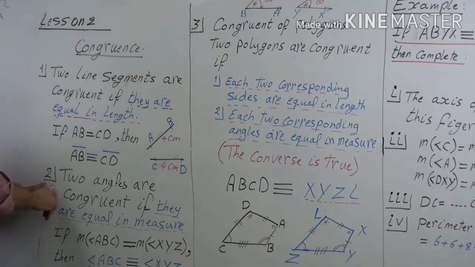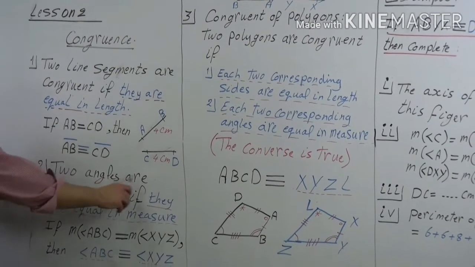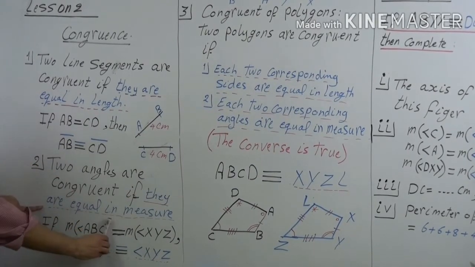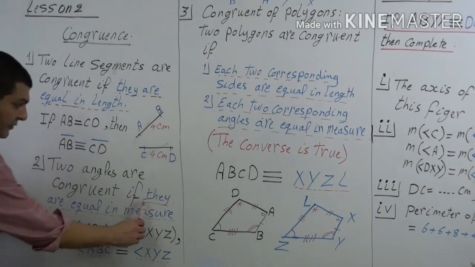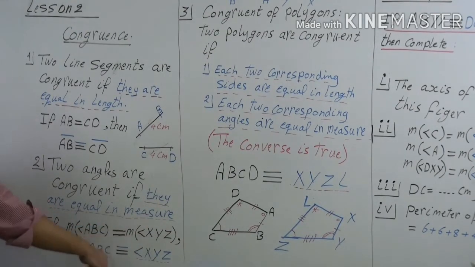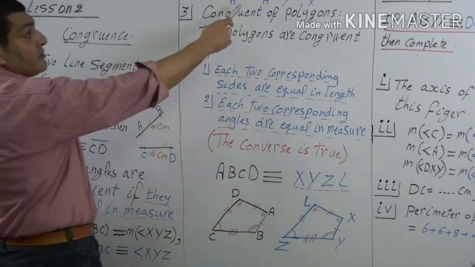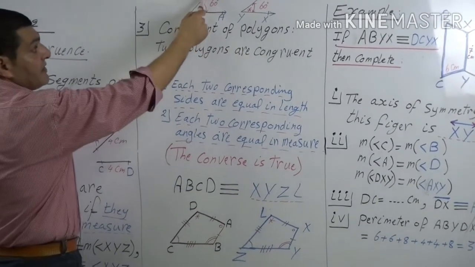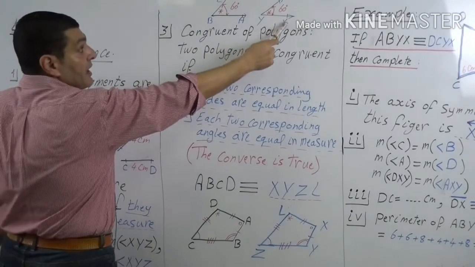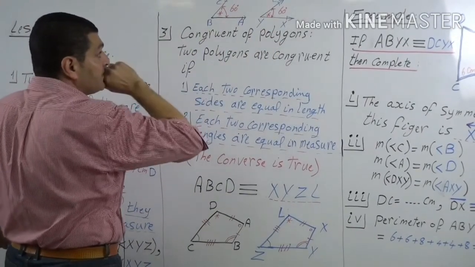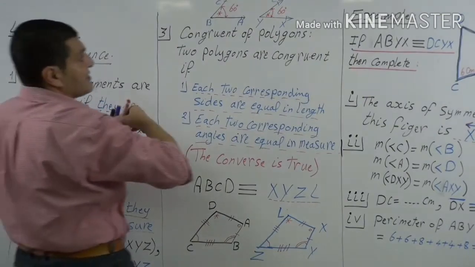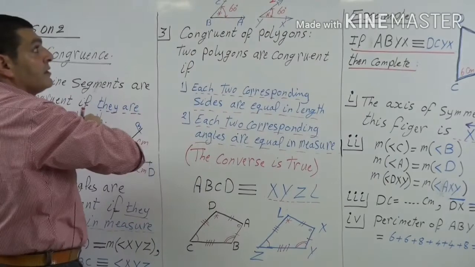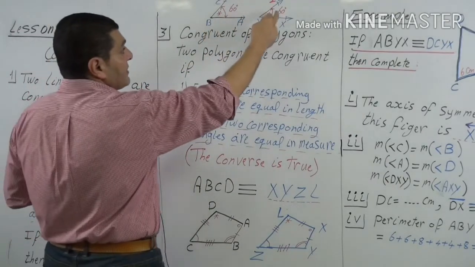Number 2. Two angles are congruent if they are equal in measure. For example, measure of angle ABC equals measure of angle XYZ, 60 degree and 60 degree.